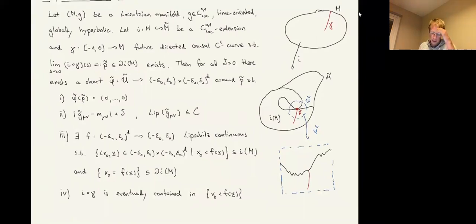And so the statement is that the region beneath the graph of f, all of these points, they lie in the original spacetime. And all points on the graph of f, these are boundary points. They lie in the boundary. And also that the curve gamma is ultimately contained beneath the graph of f.